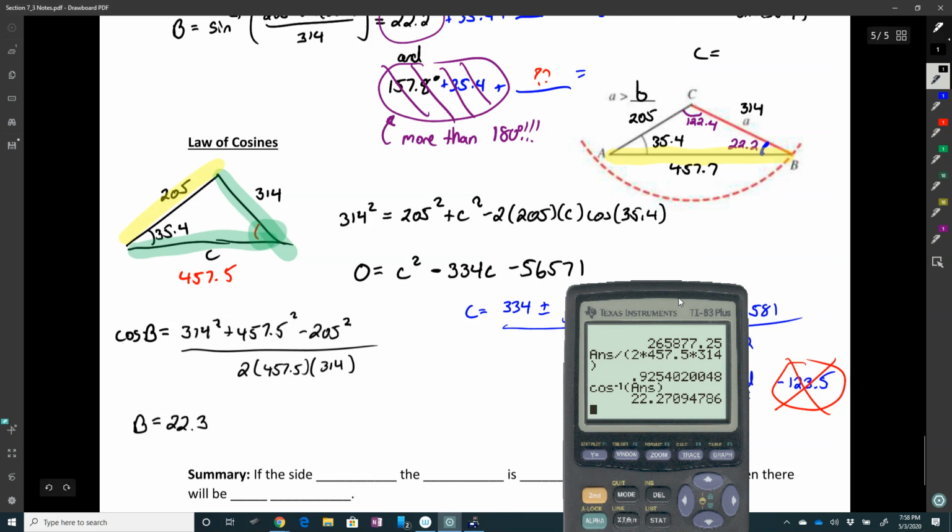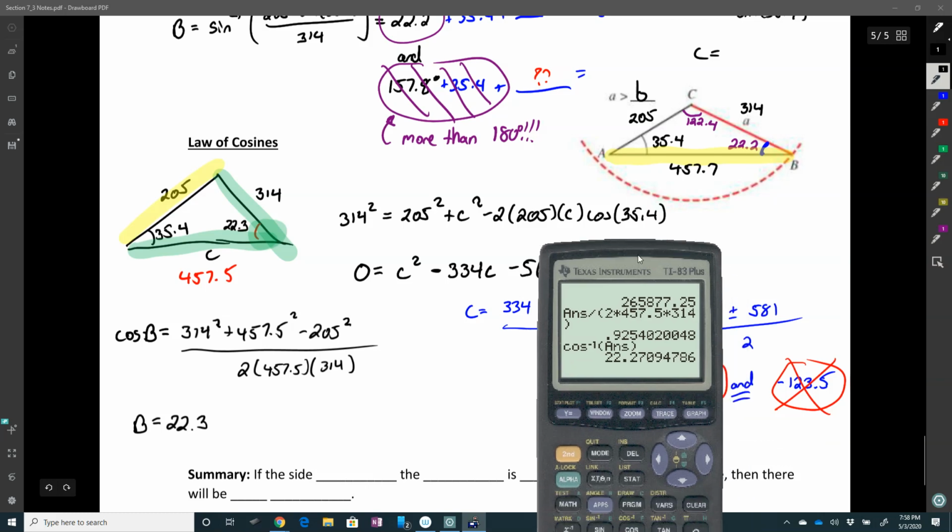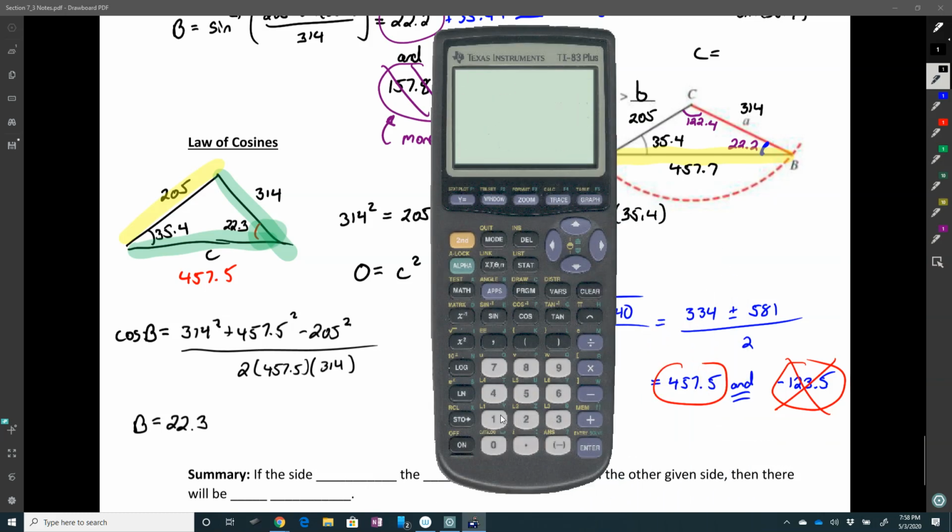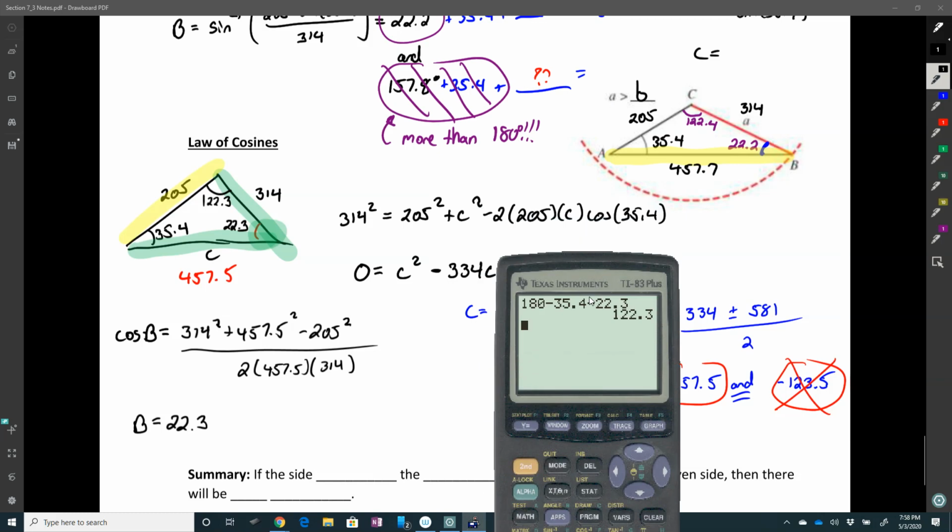And so if this is 22.3, then you have 180 minus 35.4 minus 22.3, which is 122.3. There you go. Now the triangle is solved.